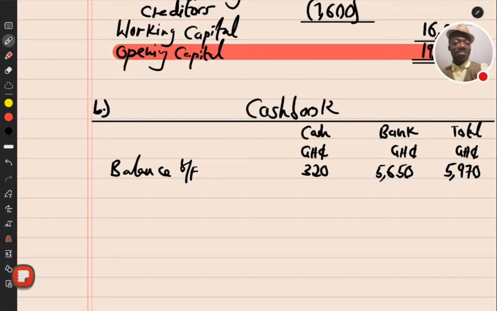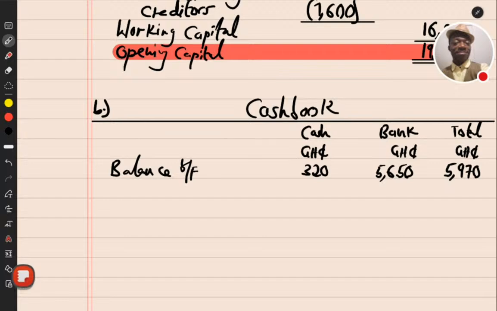The next thing to take into account is all the information that transpires with respect to cash in terms of receipts and payments, because the cash book is a book that deals with transactions with respect to receipts and payments in terms of cash and bank, or cheque for short.